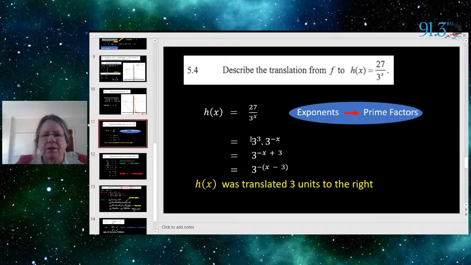Now we need to massage it because this is not an exponential function's equation. If our bases are the same, we can add the exponents. So it becomes 3 to the power negative x plus 3.